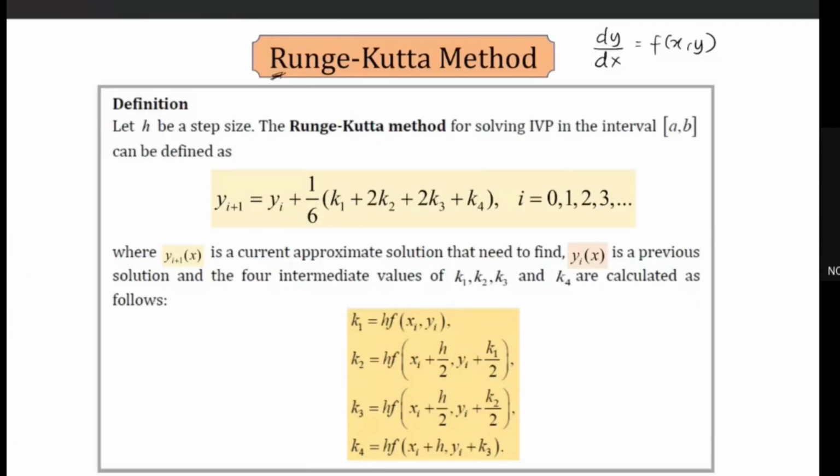Okay, next we go to the Runge-Kutta method. This is one method to solve ODEs, a numerical solution of ODEs. And to determine the next y, we use this formula. Here is the previous solution. And you must calculate K1, K2, K3 and also K4 using this formula.